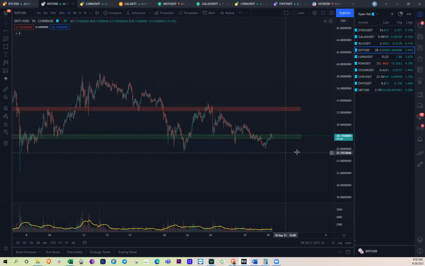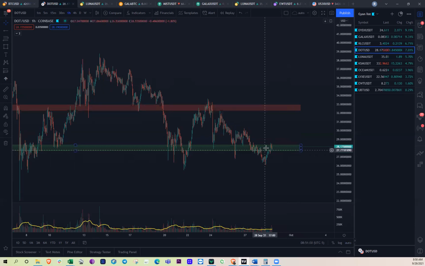This is what I tend to look for. If it breaks out of this box, I'm not panicking. If it starts to break below some of these lows, then I start to worry a bit. But if it breaks below the lowest low, then I'll be panicking, or, you know, not panicking, but you guys know what I mean. I'll be thinking something else.